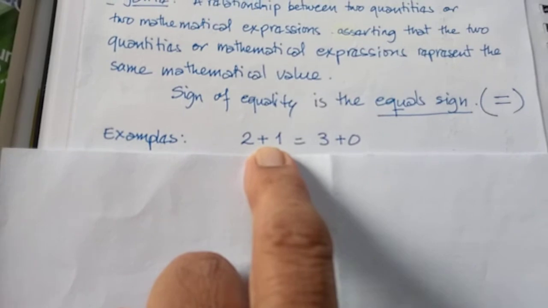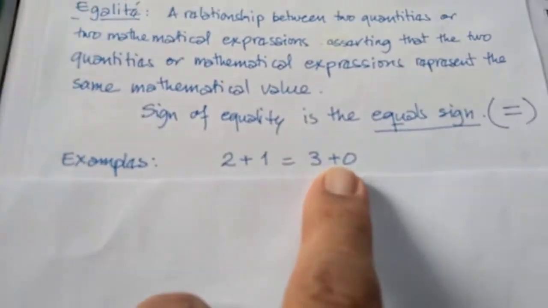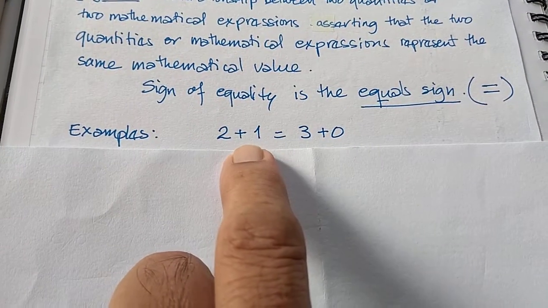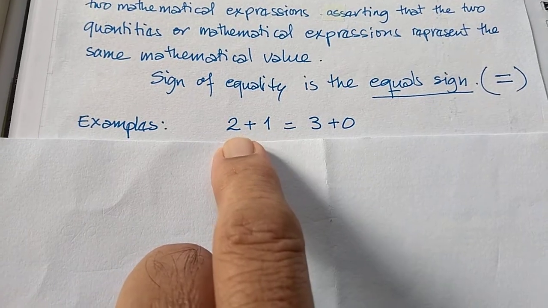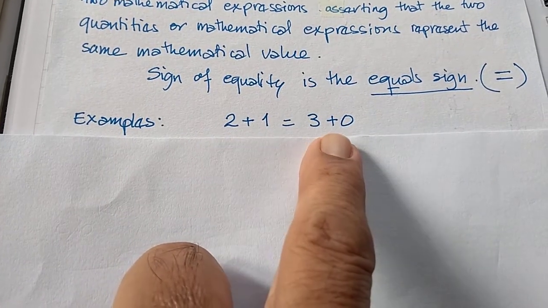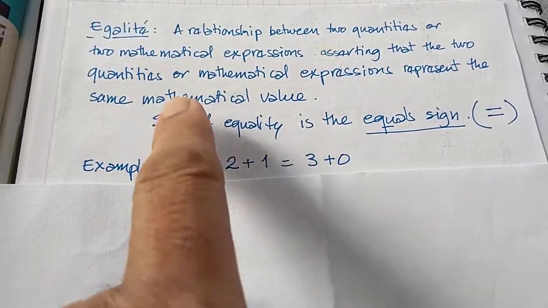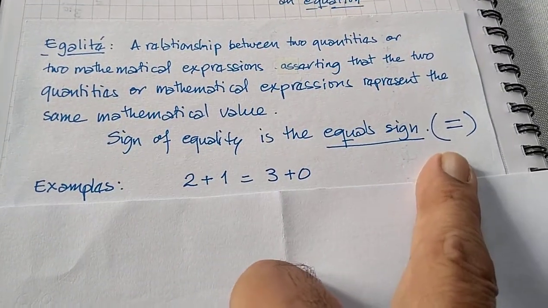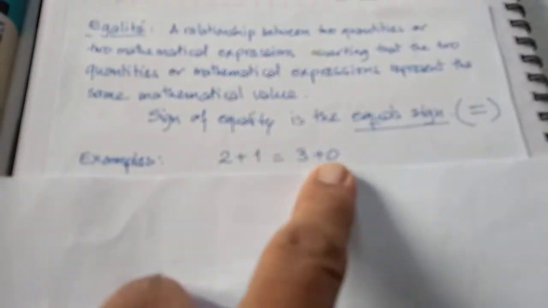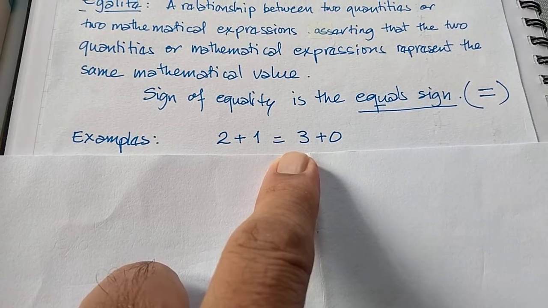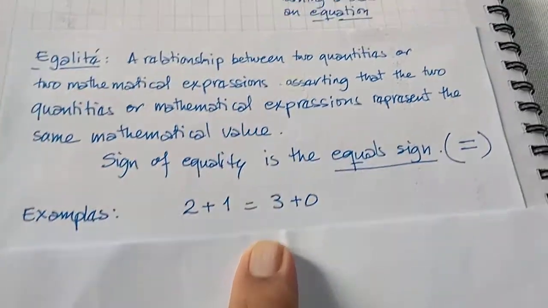This is the left expression, that is the right expression. In French they use the word member. So membre gauche, membre droite. These are equal. We use the equal sign. That means this represents une égalité, or an equality in English.